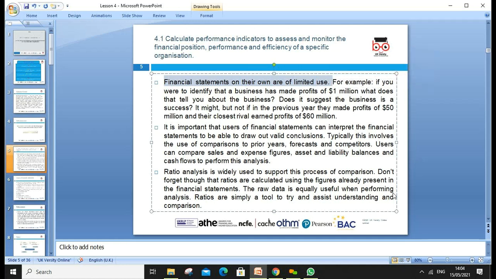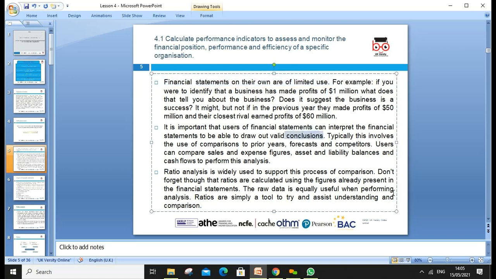If you identify the business has made a profit of 1 million, what does that tell you about the business? Does this suggest the business is successful? It might, but not if in the previous year it made a profit of 50 million, and its closest rival earned a profit of 60 million. So it is important to interpret the financial statements and be able to draw valid conclusions.